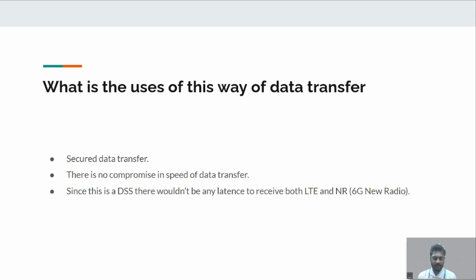Since it's 6G, sixth generation, it will obviously be much more powerful and way faster than 5G, which is claimed to be 20 times faster than 4G. So in that way we can have data transfers done quickly.